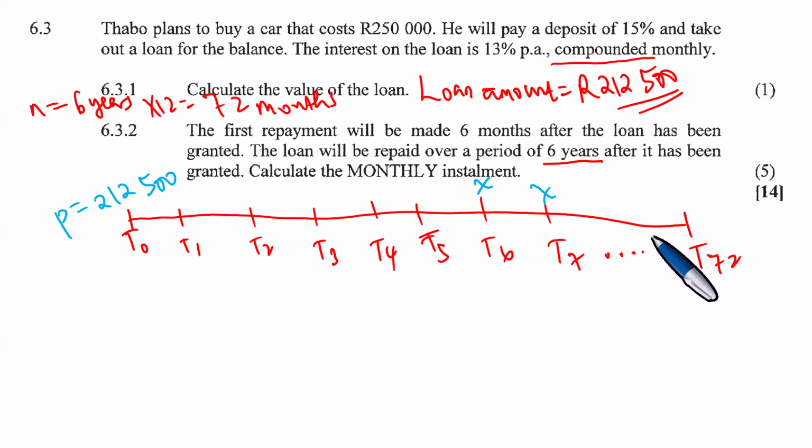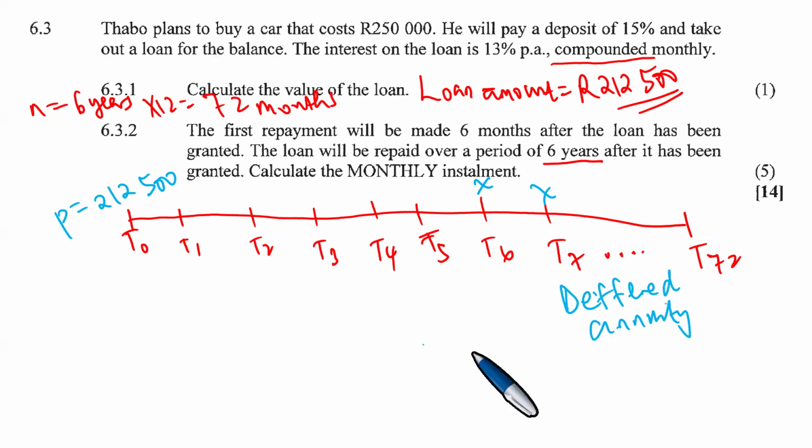But now, because this is called a deferred annuity, if this is made 6 months after, you have to move this one and put it here just 1 month before, so that you have 1 month, 1 month, 1 month, 1 month, 1 month.